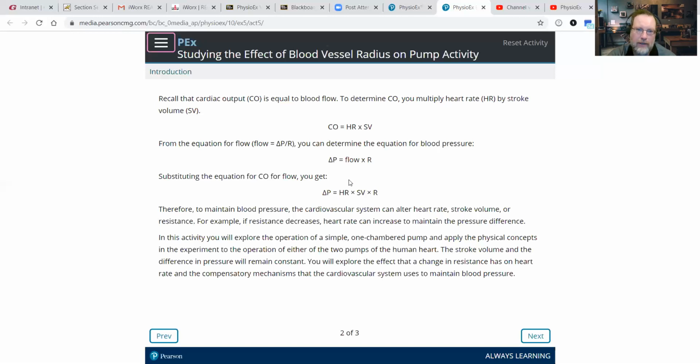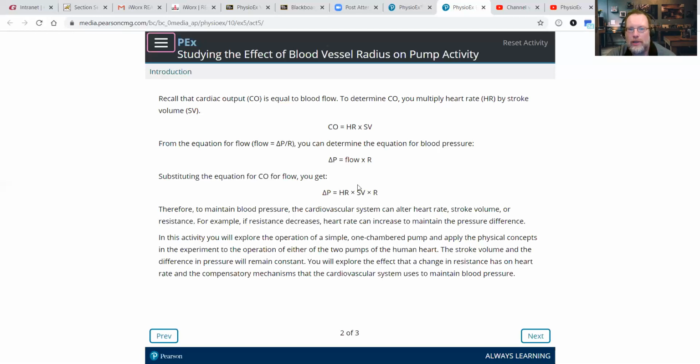Because if stroke volume and blood pressure are constant, and these two fluctuate, then when one goes up, the other has to go down in order to maintain constancy. So that's basically what this activity is going to do.